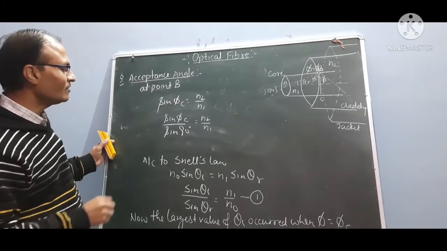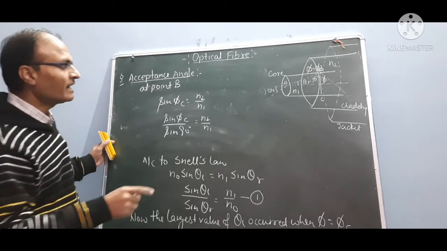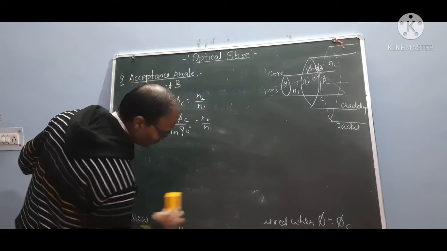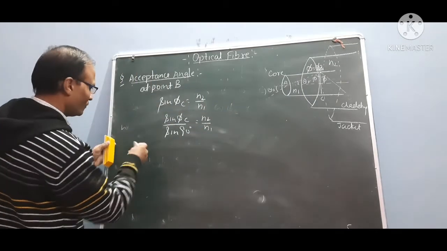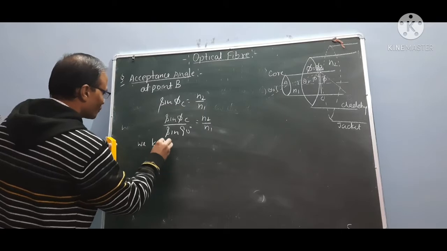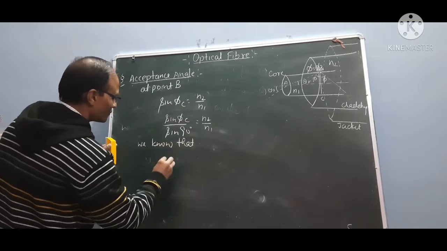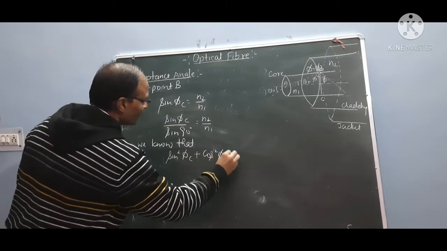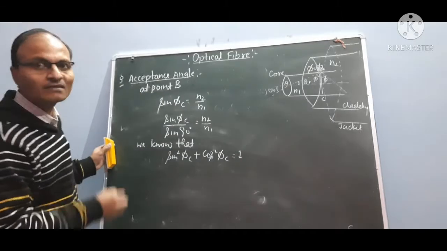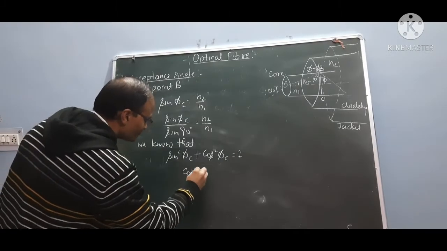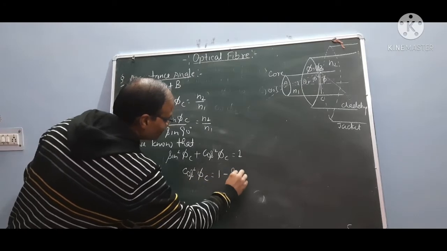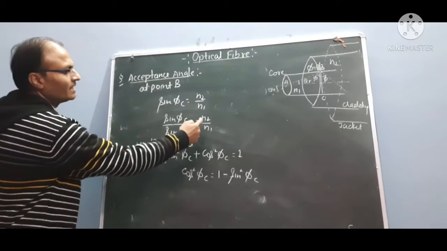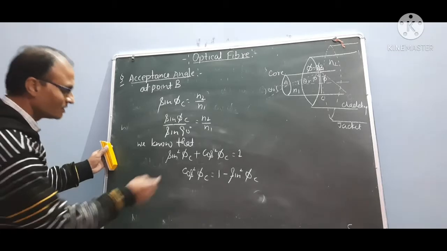We know the condition that sin square phi C plus cos square phi C equals 1. Then cos square phi C equals 1 minus sin square phi C. What is the value of sin square phi C? N2 upon N1. The value put in this equation.